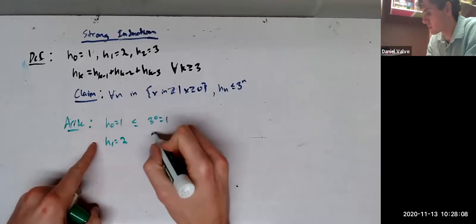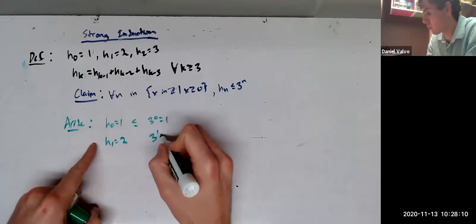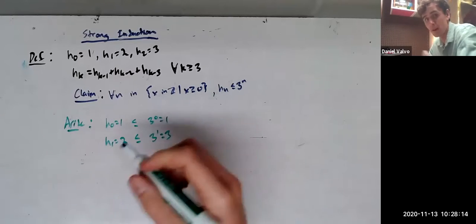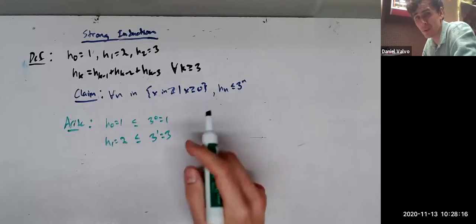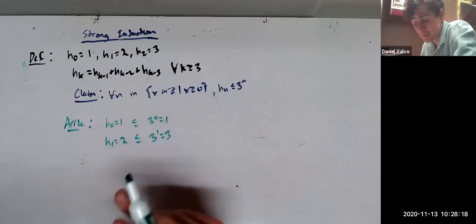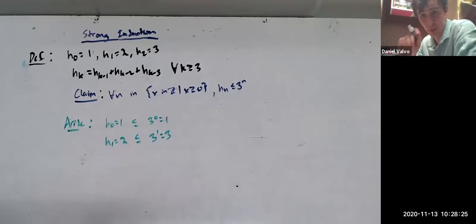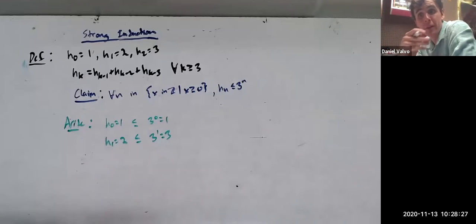H of 1 equals 2, 3 to the 1 is 3, and 2 is less than or equal to 3. So we can do more and more of these, and we see it keeps working out. But the question is, how can we prove beyond any doubt that it will always work out? That we'll never be in a situation where it's not true?